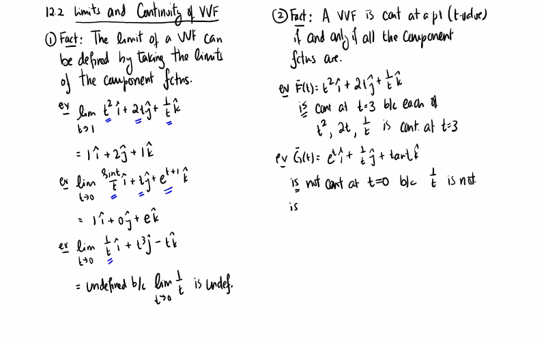And it's also not continuous at t equals pi over 2, because tangent of t isn't.